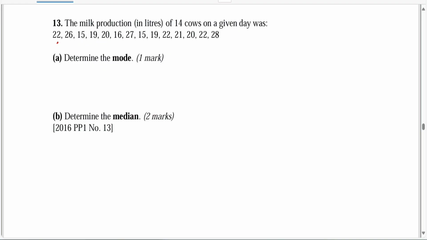Looking at it, how many times is 22? Once, twice, three times. 26 appears just once. 15 appears twice. 19 twice. 20 twice also. 16 none. 27 the same. 21 also none. 22 appears three times.